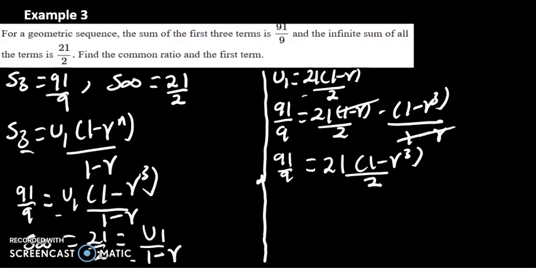So how can we solve this? 91 divided by 9 on my calculator is 10.1, and 21 divided by 2 is 10.5.